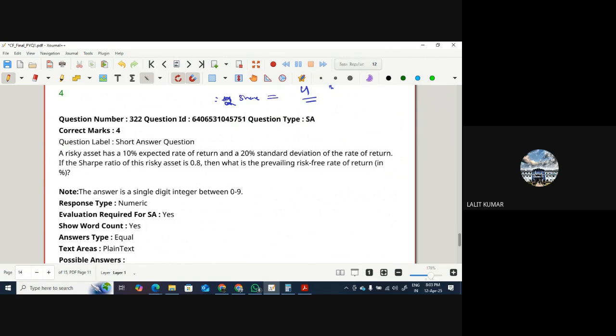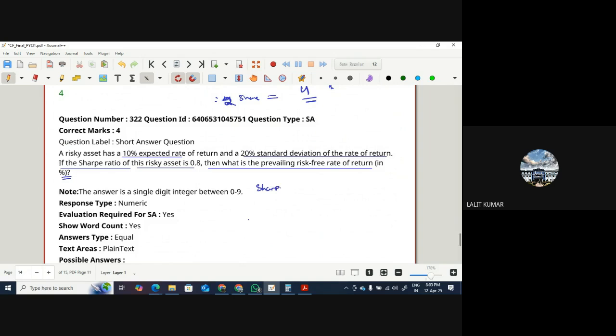Now we come to the next. A risky asset has a 10% expected rate of return and a 20% standard deviation of the rate of return. If the Sharpe ratio of the risky asset is 0.8, then what is the prevailing risk-free rate of return? So what was the formula for Sharpe ratio?